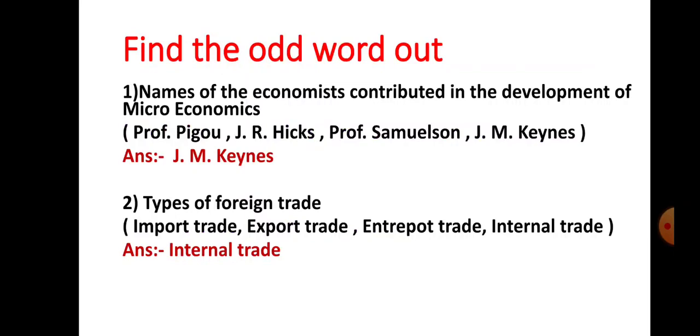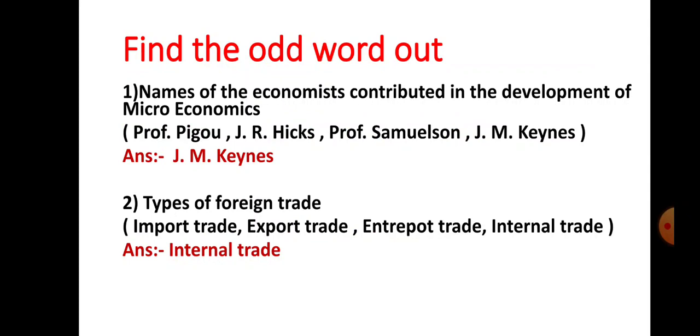Now let us see the next objective type question, that is find the odd word out. The first example they have given is names of the economists who contributed to the development of microeconomics: Professor Pigou, J.R. Hicks, Professor Samuelson, J.M. Keynes. Only one word is the odd word, that you have to find out, and that is your answer.